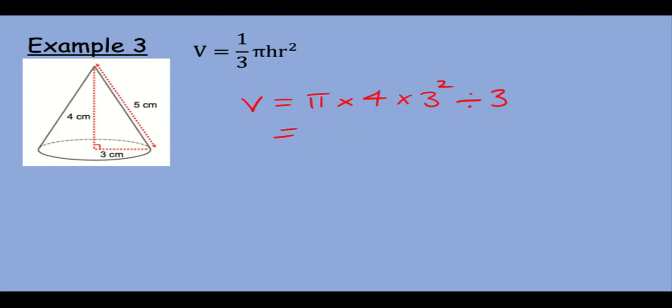So pi times 4 times 3 squared equals, divided by 3 equals, got a volume here now of 37.7. Again, we've got centimeters for lengths, we've got volume in centimeters cubed.